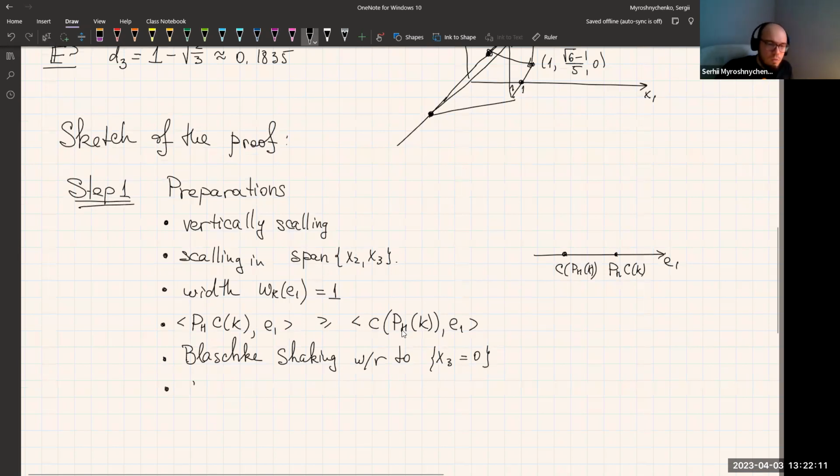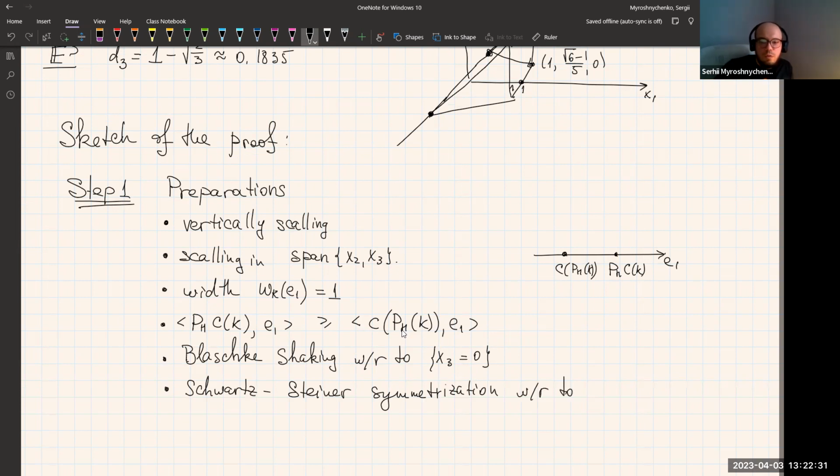Right? Okay, and now maybe the new ingredient that we haven't seen before in R2 because we didn't have space for that, and that would be the Schwarz-Steiner symmetrization, with respect to the span of x1 and x3.